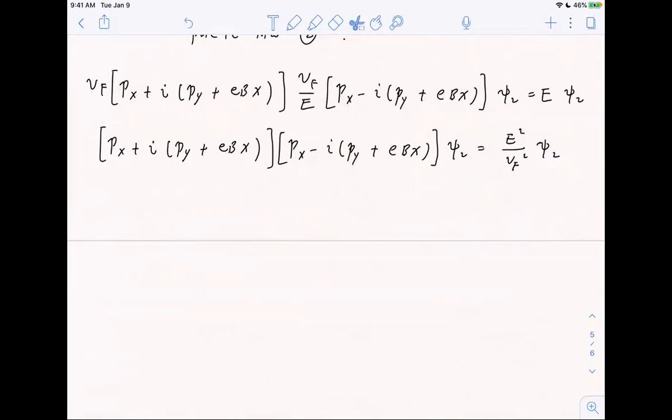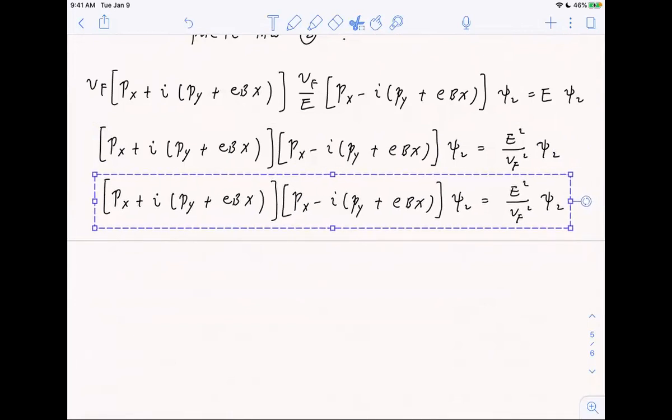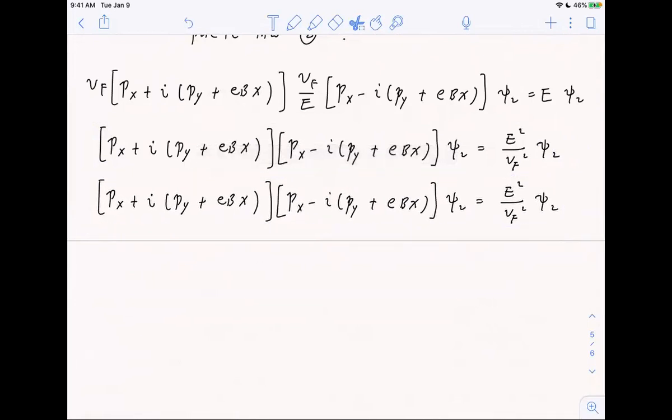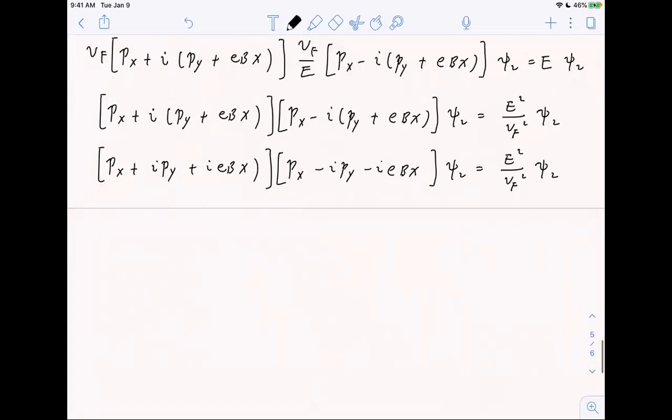Let's just open all of the terms. If you open this, you get i py plus i, so here you get negative i py, negative i. Okay, so you open it. How many terms do you have? You have 9 terms. px squared.